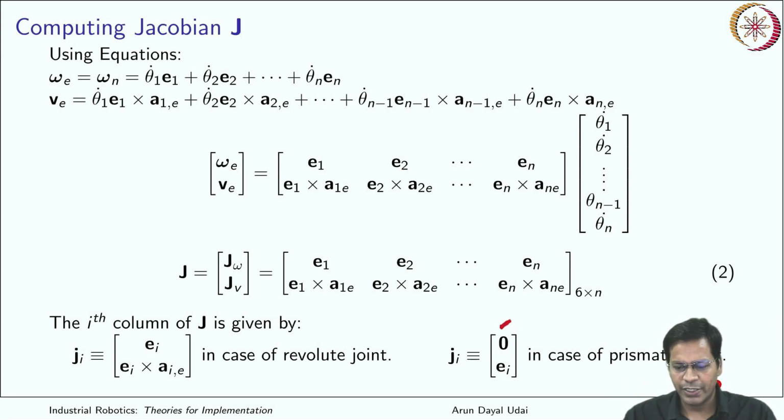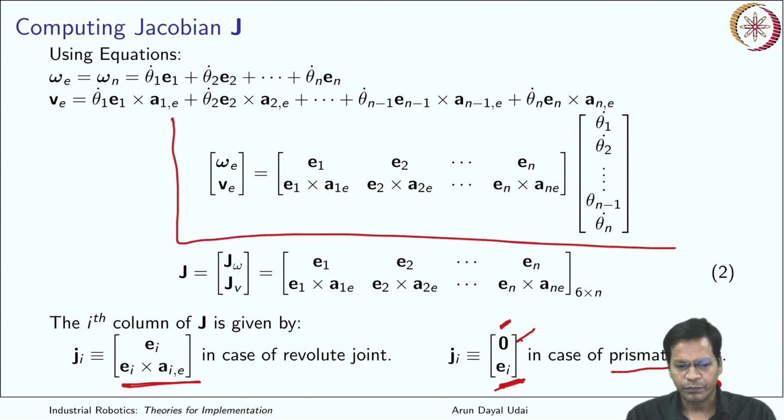So that is making this term 0. And the velocity was only, it is not the tangential one, it was along the direction of the axis. So it makes this like this in case of a prismatic joint. Got it? So this is the general expression of the Jacobian that you need to remember.